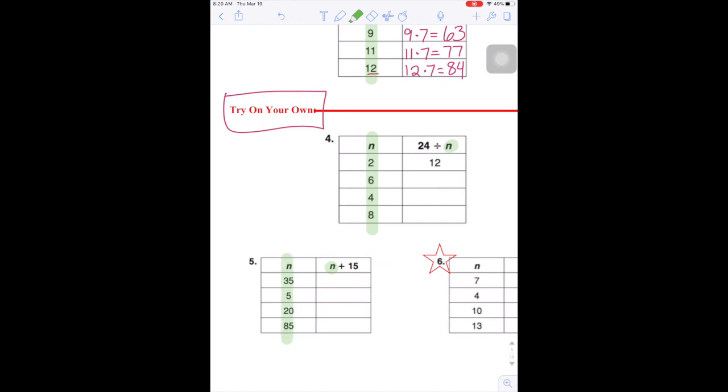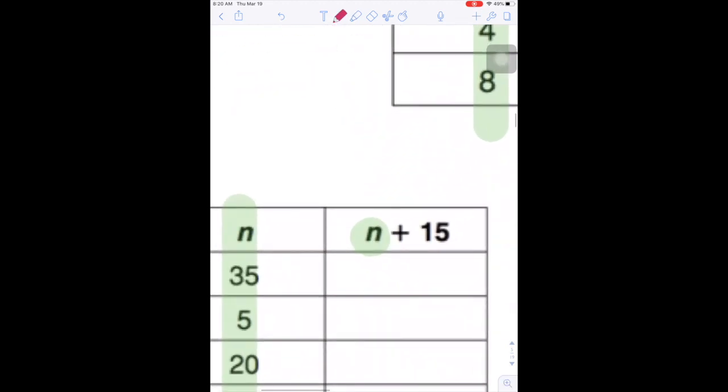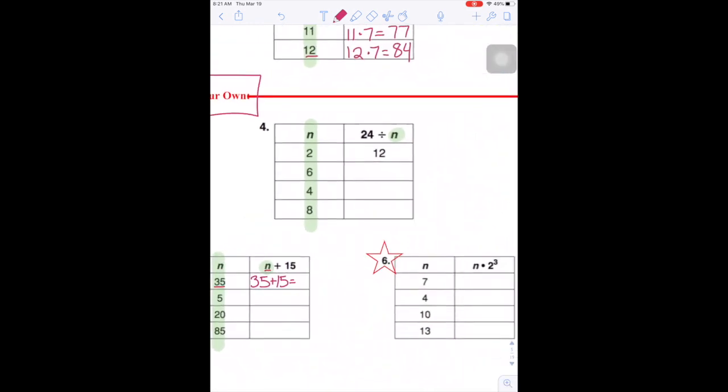And write the actual equation in the box. So if I was to use in place of n 35, because it'll get confusing if you don't, I'd say 35 plus 15. Okay, so make sure you write out your equation.